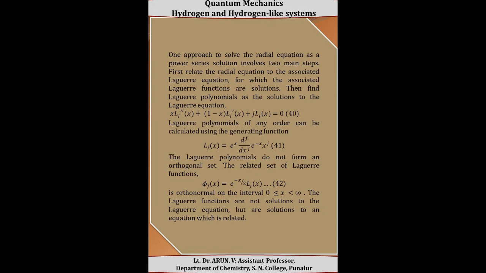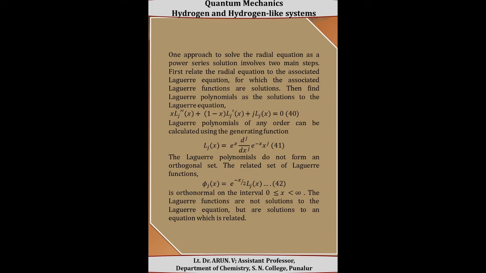Laguerre polynomials of any order can be calculated using the generating equation, L_j(x) = e^x d^j/dx^j (e^(−x) x^j). The Laguerre polynomials do not form an orthogonal set.